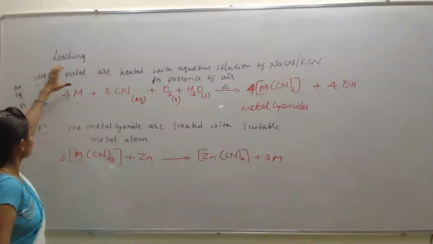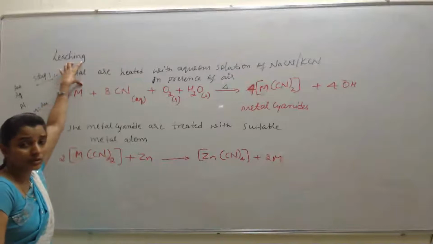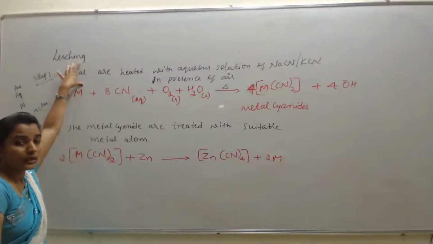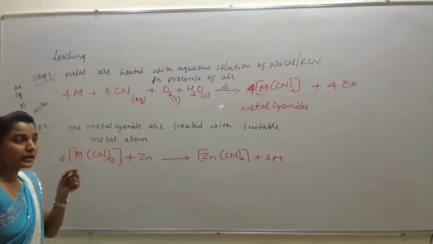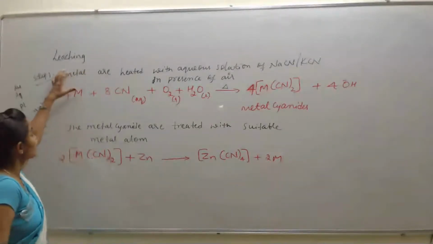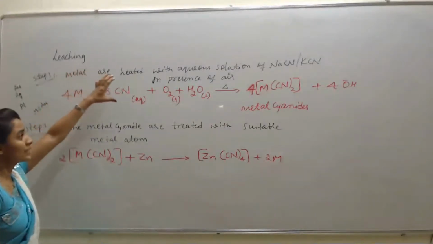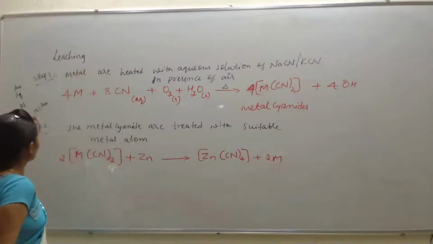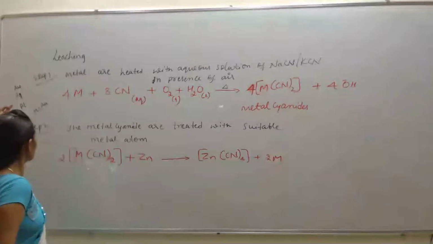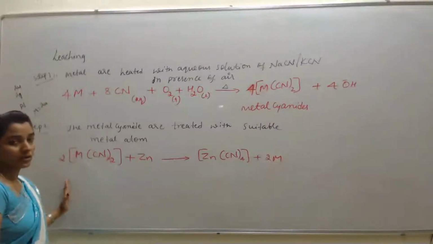Listen. Leaching is the chemical process of extraction or removal of gangue particles from the ore particles. I already explained the leaching of aluminium from bauxite. This is another one, leaching of metals from respective ore, only the precious metals: gold, silver, platinum. These are the general steps.